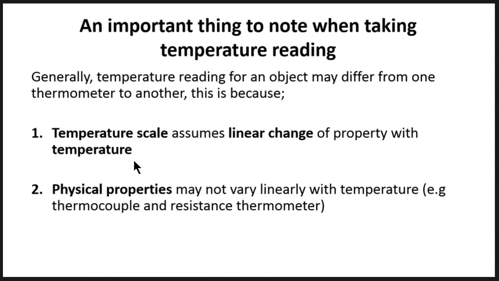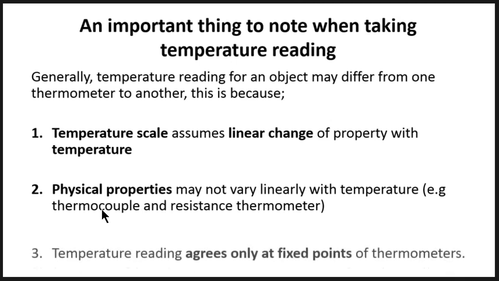For the thermocouple, its physical property doesn't vary linearly, as well as that of resistance, with temperature. So this point two justifies point number one: since temperature scales assume linear change, and not all properties vary linearly, some vary non-linearly.